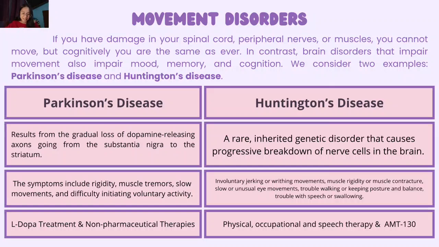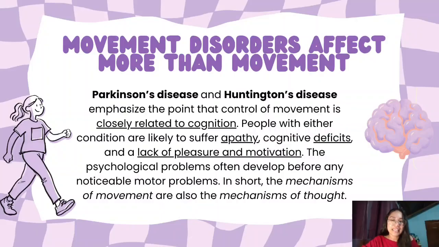When we say movement disorders, it doesn't mean that it only affects movement. Movement disorder affects more than just movement. Yes, that is true, because when you have this movement disorder, it can affect you cognitively, your verbal ability, how you speak, how you walk, how you move, not just movement alone.